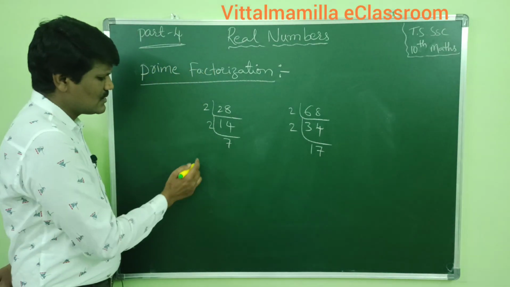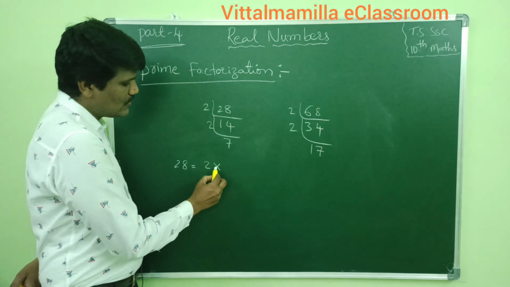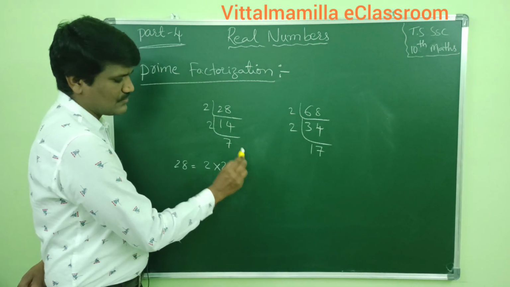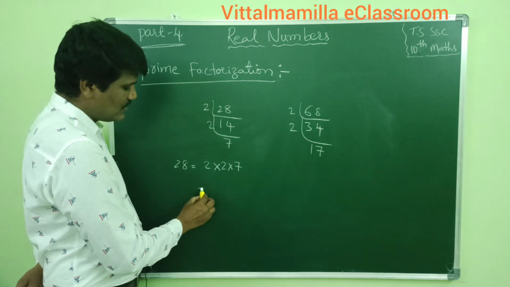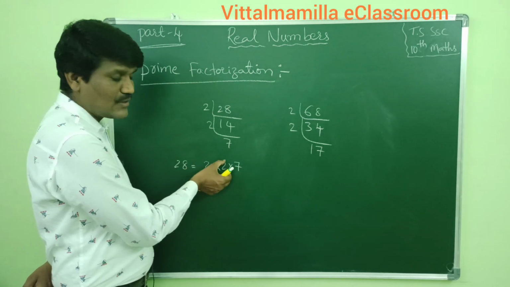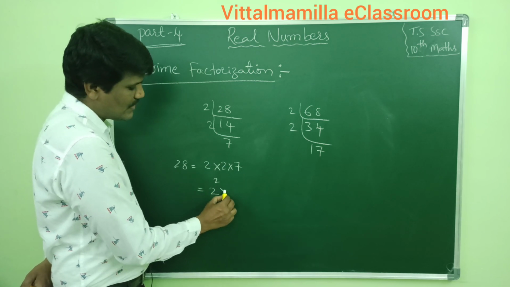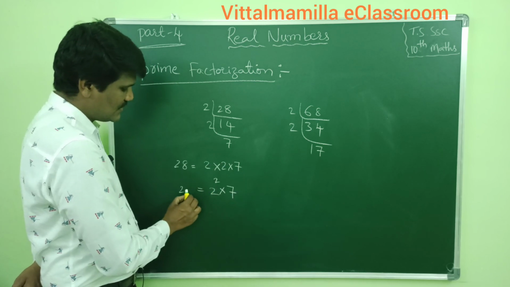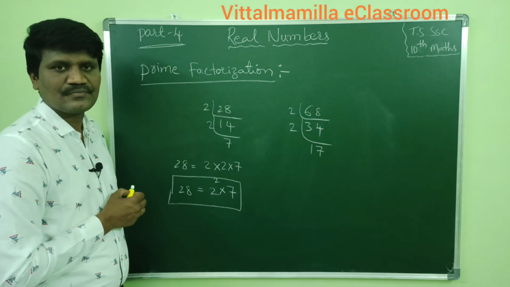So if you observe this 28, I am able to write 2 into 2 into 7. In this case, 2 is there 2 times. So instead of writing 2 into 2, you write 2 square into 7. This is the prime factorization of 28.